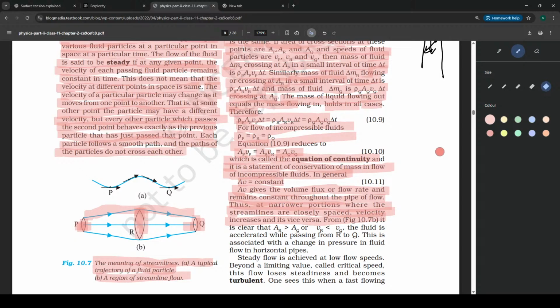AV is giving the flow rate of the streamline. It is constant throughout the pipe of flow, and we can observe that at narrower portions where streamlines are closely packed, velocity increases and vice versa. We can see the relation as well here.